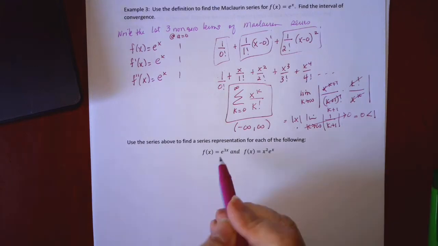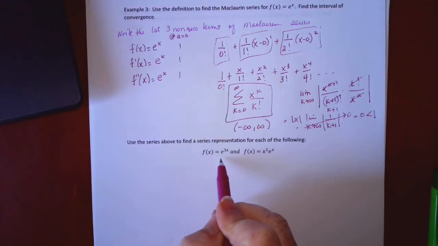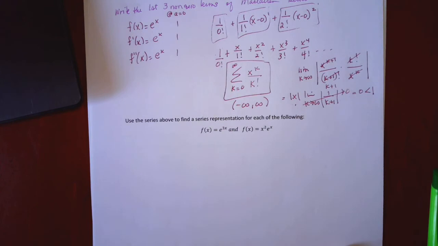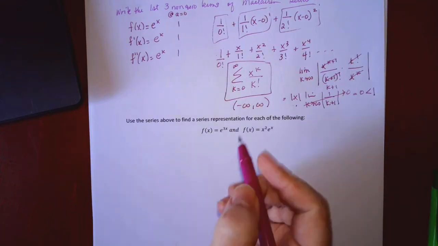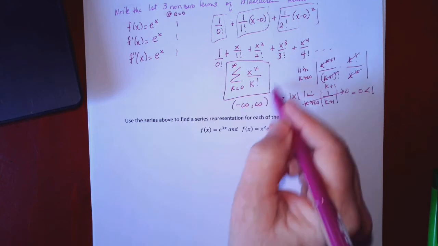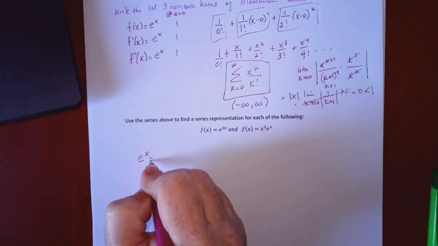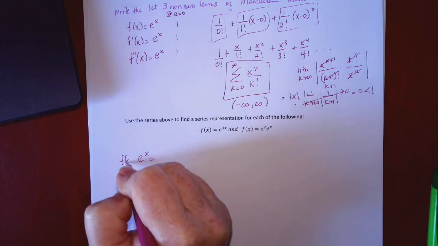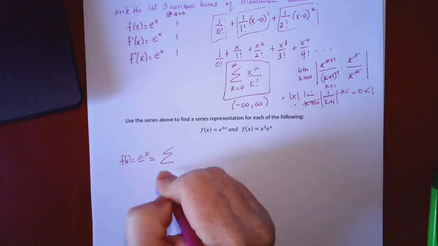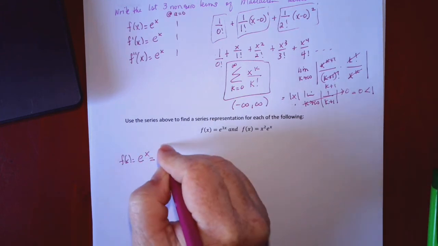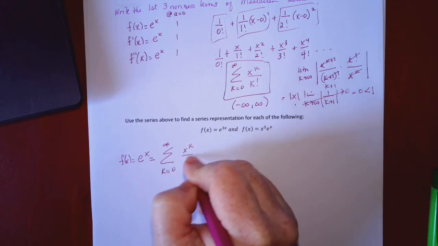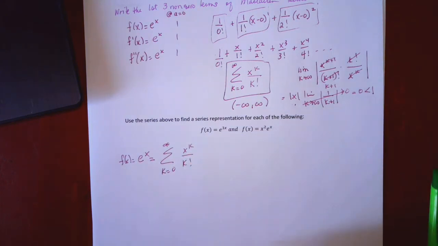So, I mean, could we take f of x equals e to the 3x and just kind of brute force take the first three derivatives of it and find a power series representation for it? Sure, we could. But we could also use the fact that we just derived that e to the x as a power series is represented by k equals 0 to infinity of x to the k over k factorial.